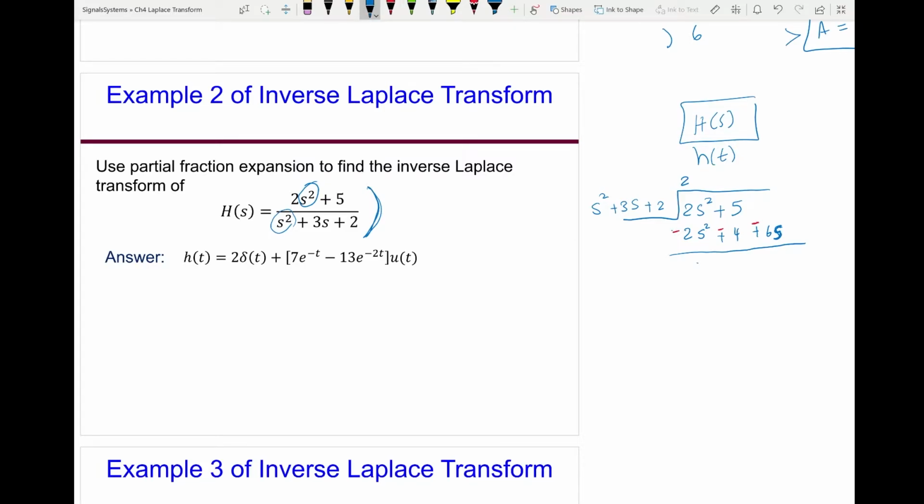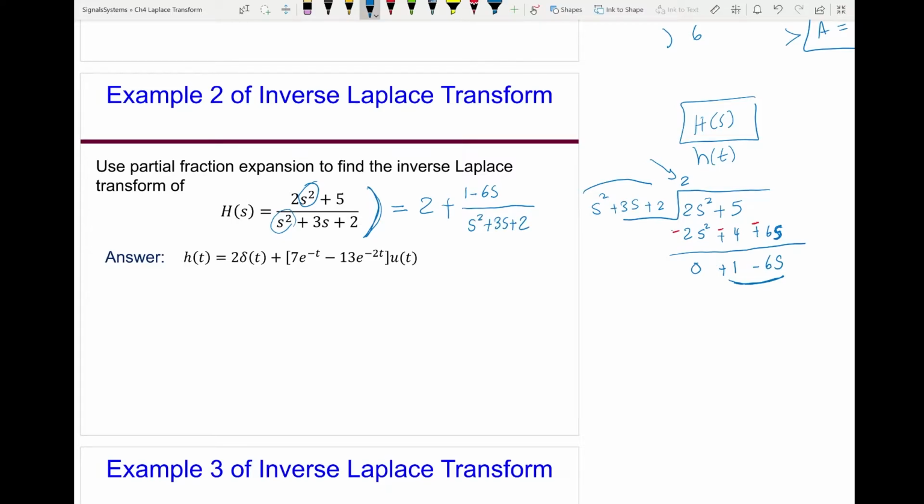So this will be 0, plus 5 minus 4, that is plus 1 minus 6s. So then this I can write as 2 plus this term divided by this term. So that is 1 minus 6s divided by s squared plus 3s plus 2.